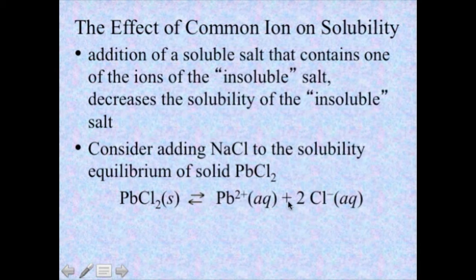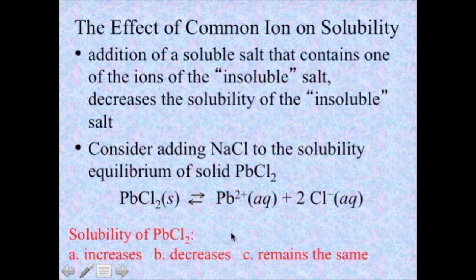The equilibrium has to shift to the left to use up chloride ion and lead ion in such a way that the ion product, lead ion times chloride ion squared, the Q value, comes down to equal the solubility product. And then it stops shifting and equilibrium is restored. So for the solubility of lead chloride, if we add sodium chloride, the solubility of the lead chloride is going to decrease.